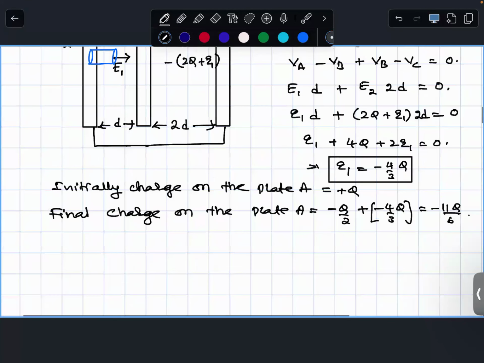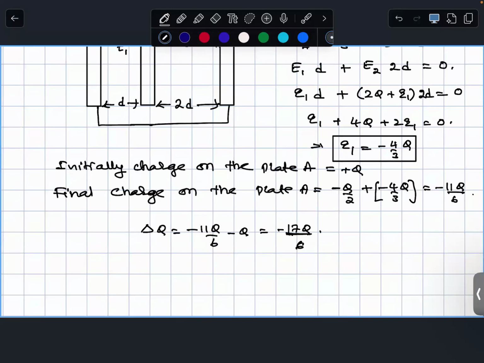What is the difference? Minus 11Q by 6 minus Q. Minus 17Q by 6. Any doubt till this point?